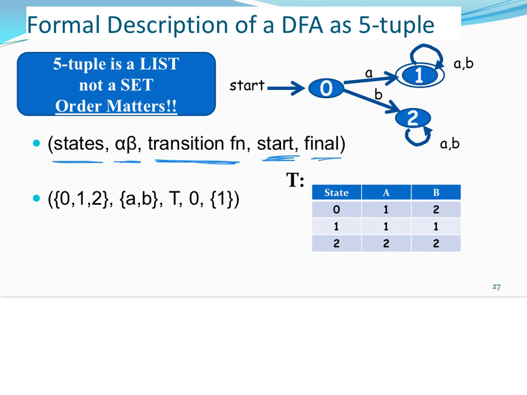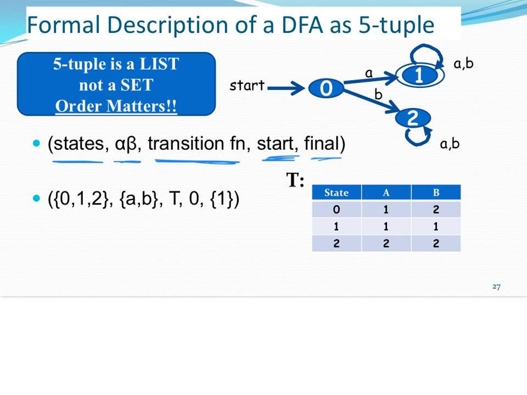So for example, for this DFA that I have up here, here's my formal description. And you can see that I put my transition table, that's the third element of my 5-tuple, right? And again, I'm just going to write a capital T here, and then off to the side, I'll show you my transition table.